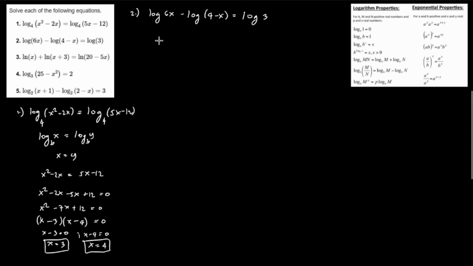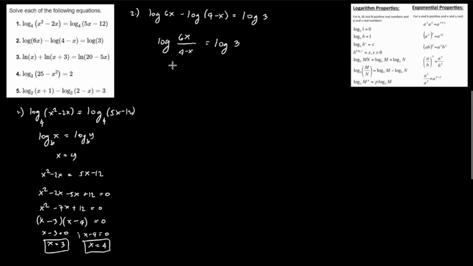Log of m, which is 6x, all over n, which is 4 minus x, with base 10, equated to log 3.